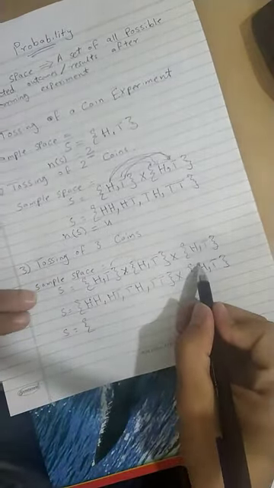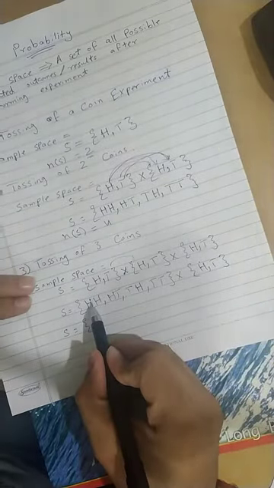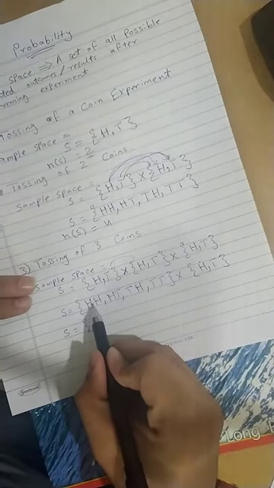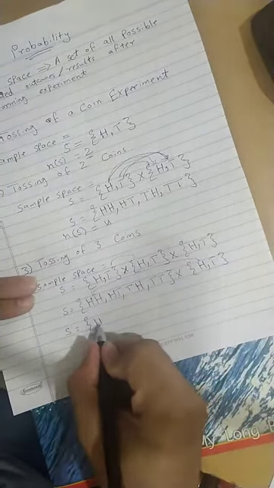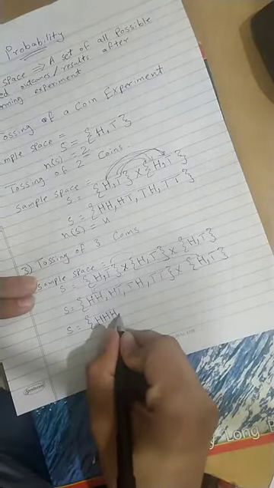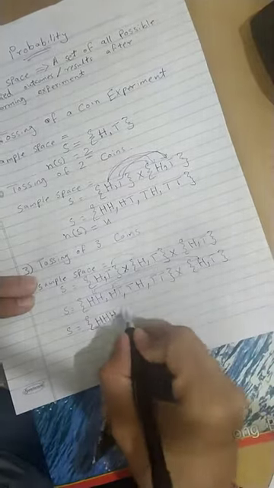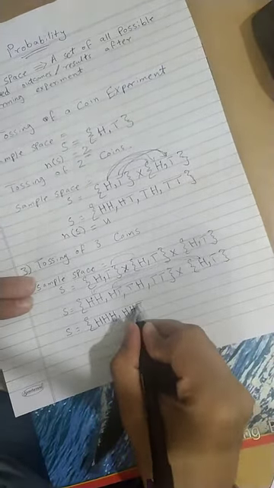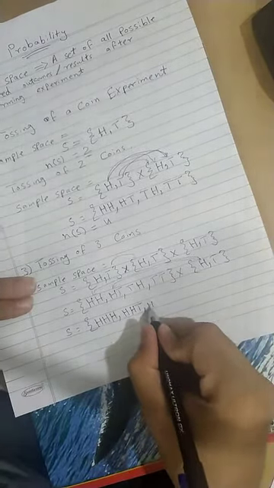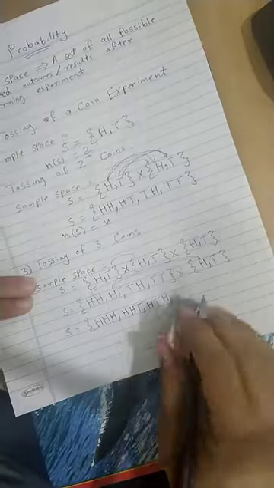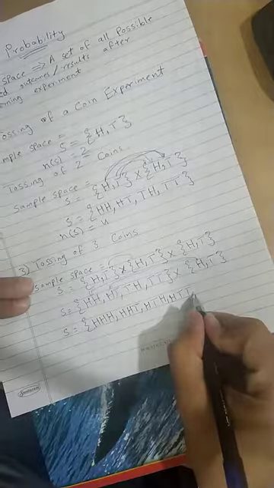So first one is head with what? With the first of the total of 2 coins. So this is the first one, 3 heads, HHH. Second one is with the second, HHT. With the third one, HTH. With the fourth one, HTT.